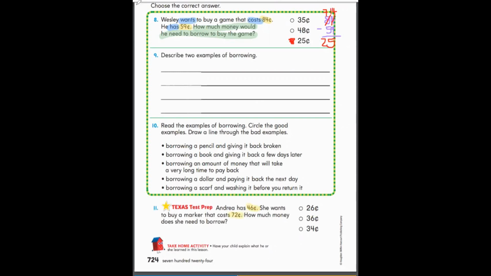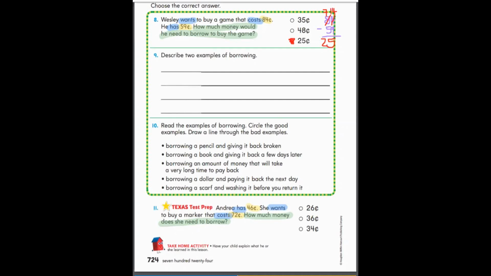Now underline the question. The question is, how much money does she need to borrow? Now, box the keywords. Andrea has 46. She wants a marker that costs 72. Okay, now we can solve.